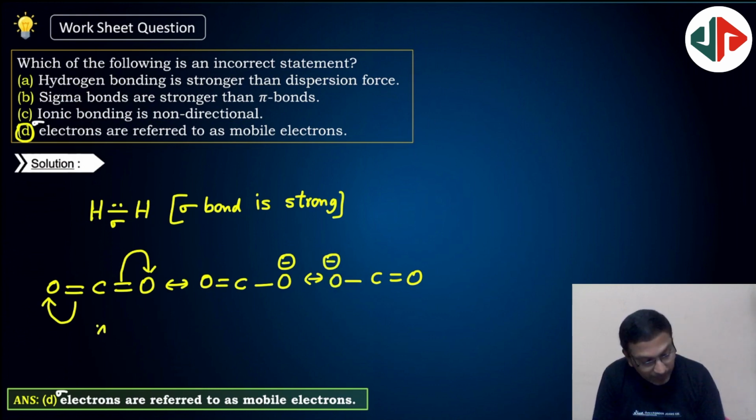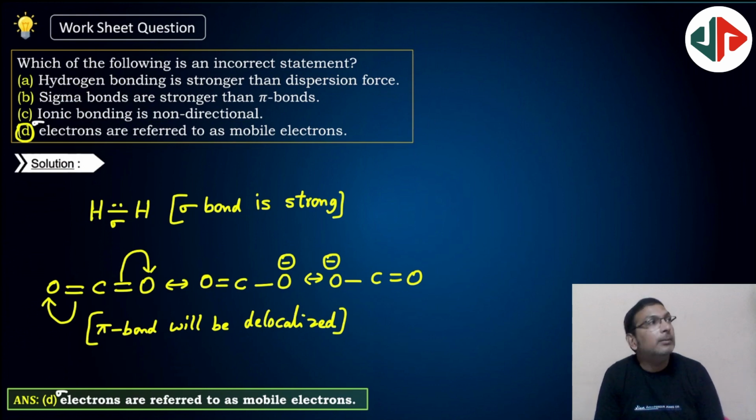So pi bond will be delocalized. There will be no movement of sigma electrons due to its strong nature. Due to weak nature, pi bond will be delocalizing between different atoms. Therefore, D option wrong.